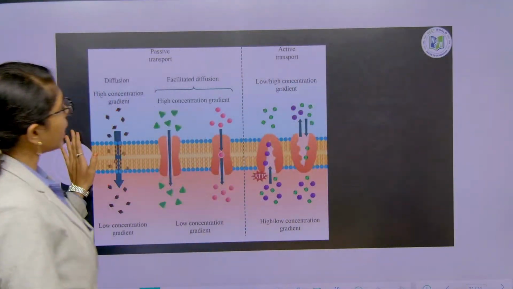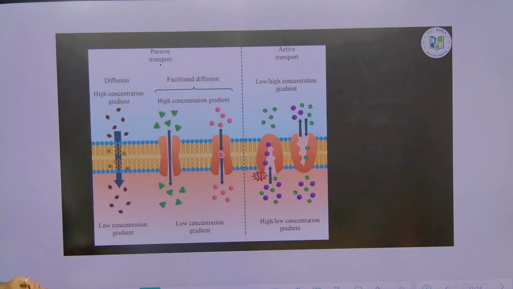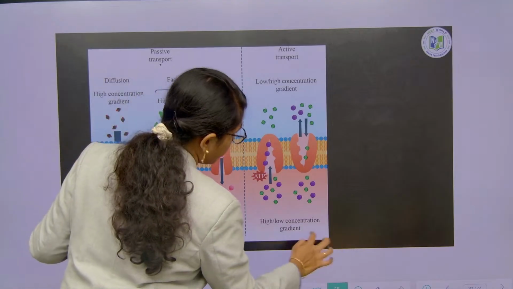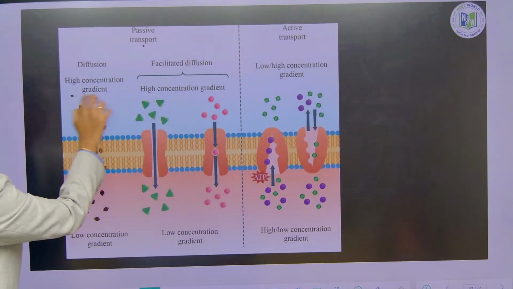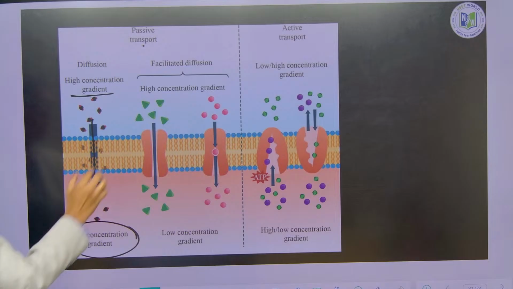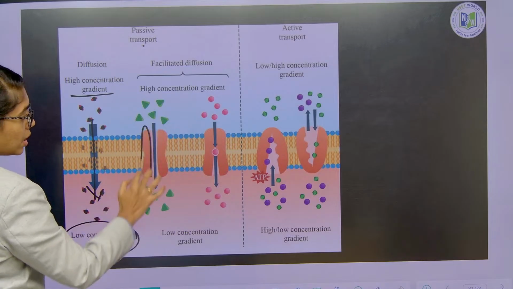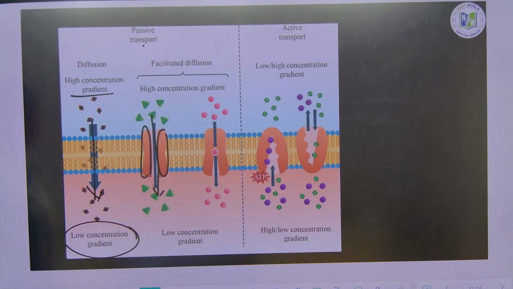So, these are the diagrammatic representations of passive transport and active transport. Just look at it, you will get an idea. Diffusion, can you see? From high concentration gradient to low concentration gradient, molecules are just diffusing out, along the concentration gradient. Facilitated diffusion, can you see these are the channel proteins which are facilitating the movement of molecules.